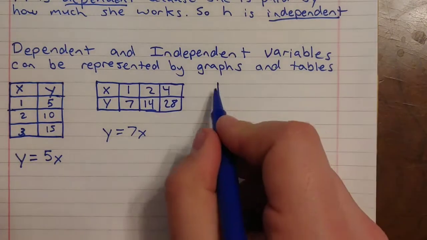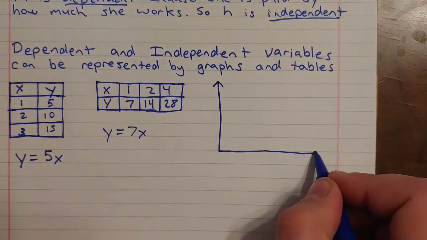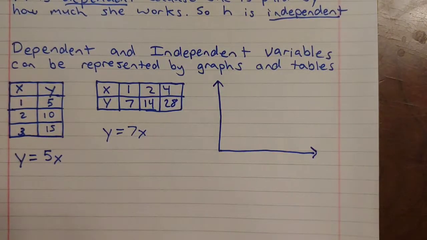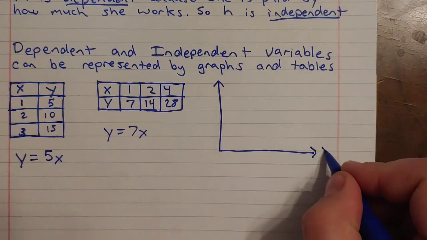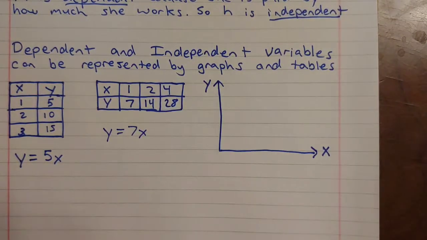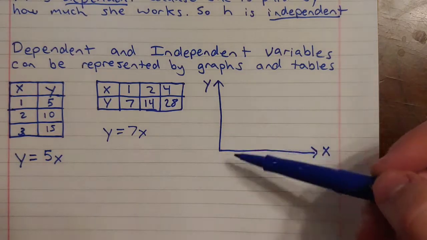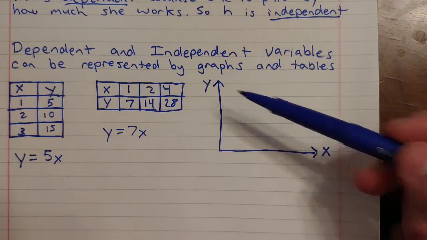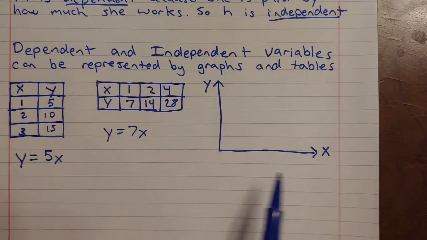Okay? I know you guys know how to plot points on a graph. And the axes are still the same. This is still the x-axis, and this is the y-axis. Okay? Y is your dependent. X is your independent.